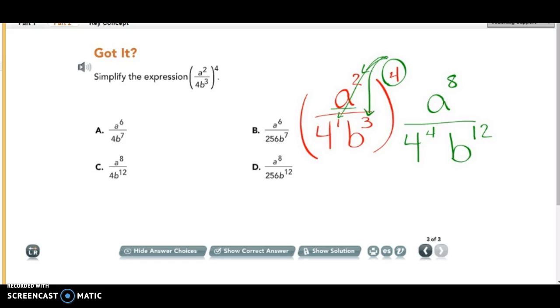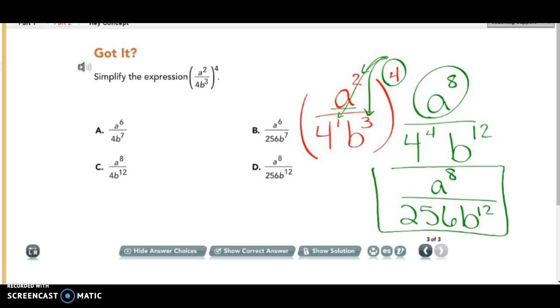As I'm looking through, I'm going to multiply my 4 times itself 4 times, and I'm going to get 256. So this is 256, and I have b to the 12th, and I'm going to keep my a to the 8th on top. So this is the final answer, which is also right here.